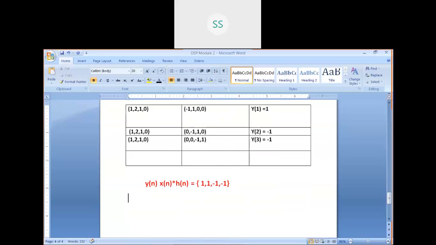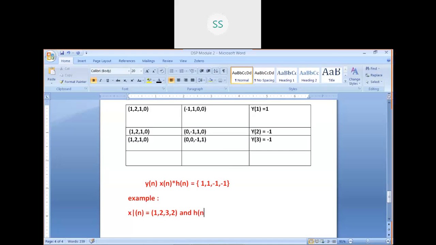Okay, so just take another example. Consider your x of n sequence as 1 2 3 2 1. That's sufficient.